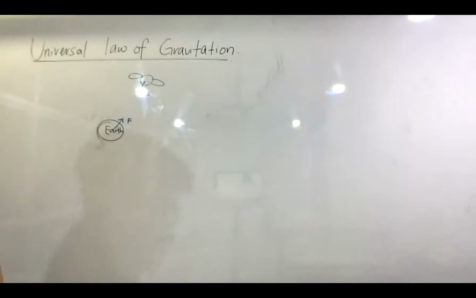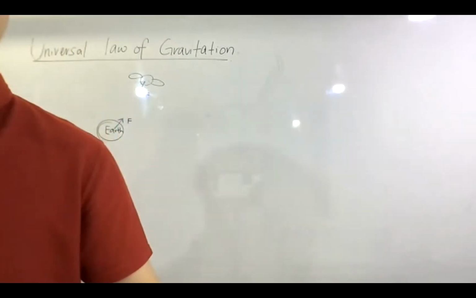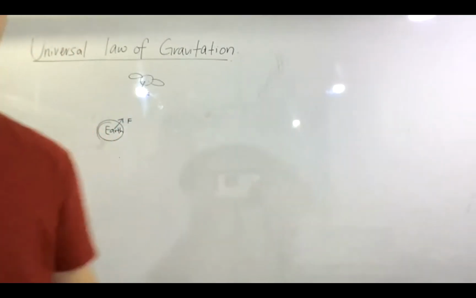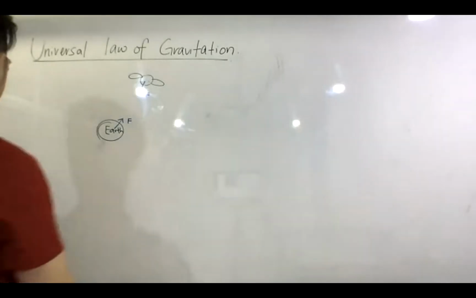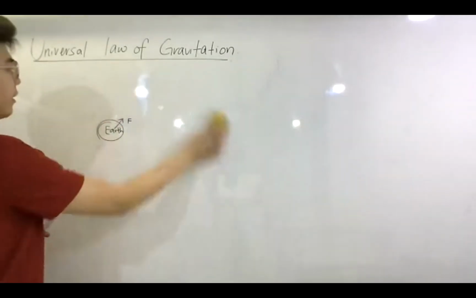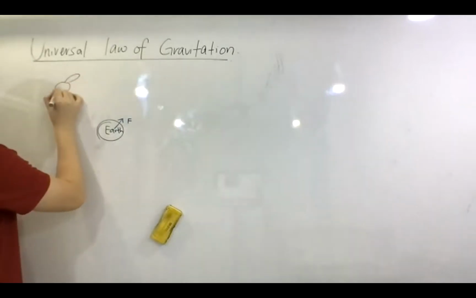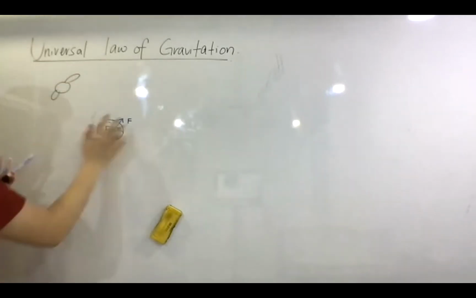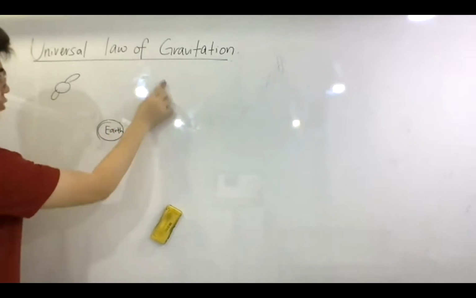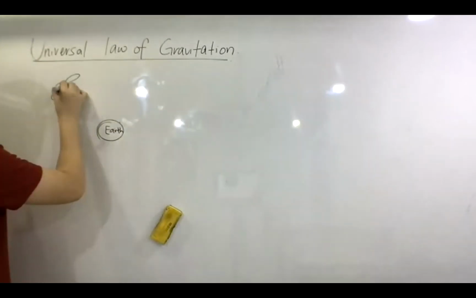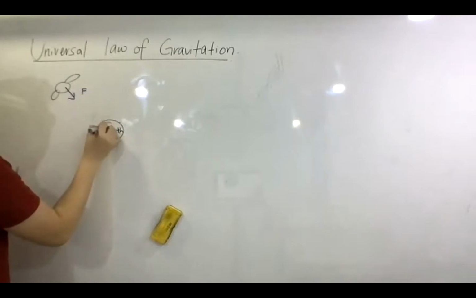Okay, now here's a question. How come the satellite can stay up there without moving towards the Earth like this?